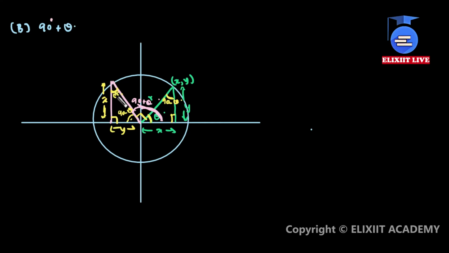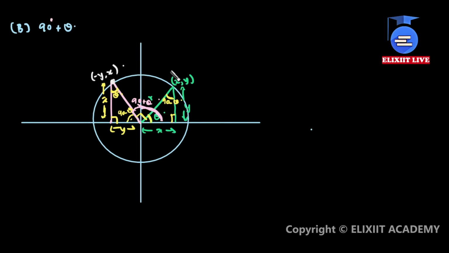So you need to figure out what is this coordinate anyhow. How much is this coordinate now? Minus y comma x, because we are in the second quadrant. This y is actually lying on the x-axis. Second quadrant, x is negative.